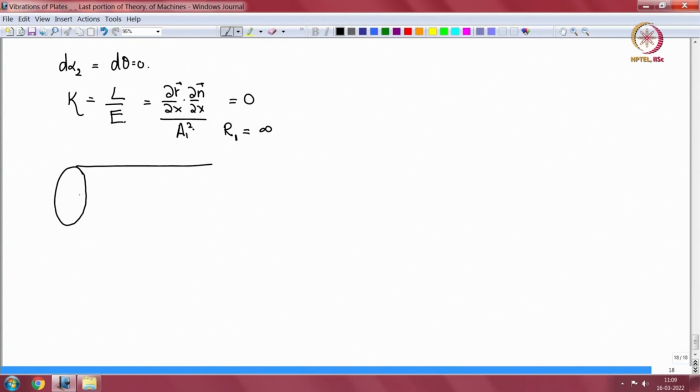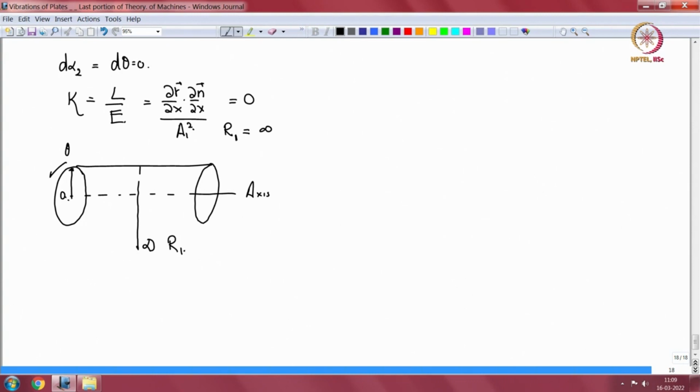It's formed by this meridian, okay, and this is my axis, and it rotates and forms a cylinder. Then the radius of curvature related to this is infinity, the straight line is infinity, which is r1, and the radius of curvature related to alpha 2 theta is a.